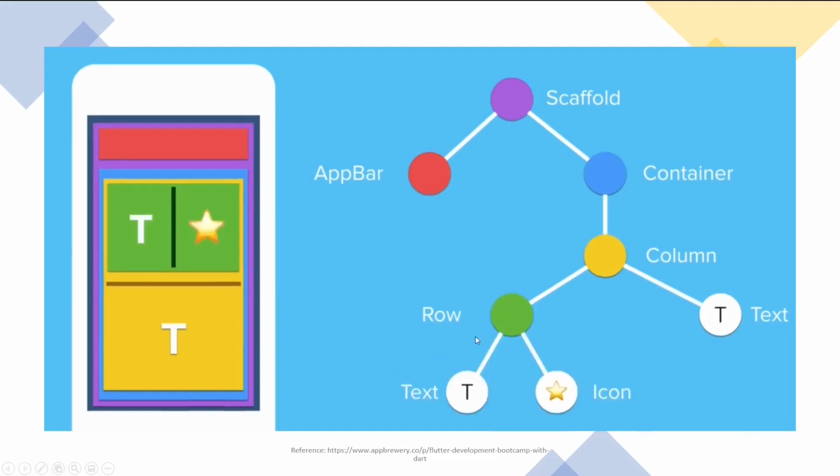So we are going much deeper into the row, where we used another text on the first part of the row, and we used an icon on the second part of the row. So you can see a tree is formed in the structure of our application. Our application can be visually seen as a tree, which can be seen in the most popular IDEs used for Flutter, Android Studio or Visual Studio Code.